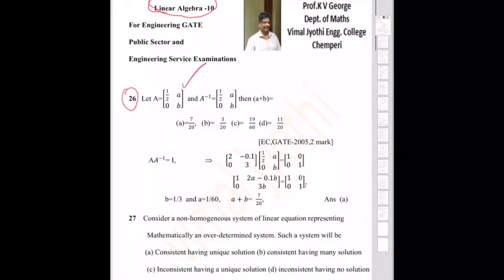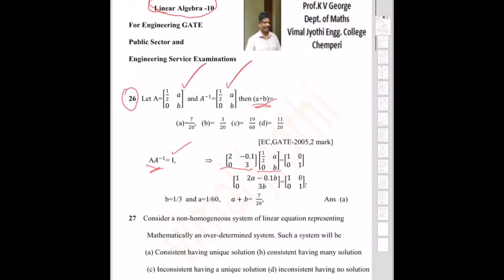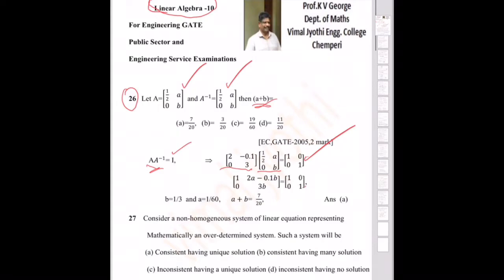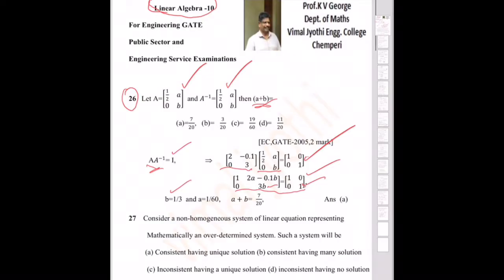Let A equal to this matrix, A inverse equal to this matrix. Then find A plus B. A into A inverse equal to I. That is, this is A and this is A inverse and this is I. Then the matrix multiplication A into A inverse equal to this I. That is 3B equal to 1, B equal to 1 by 3.